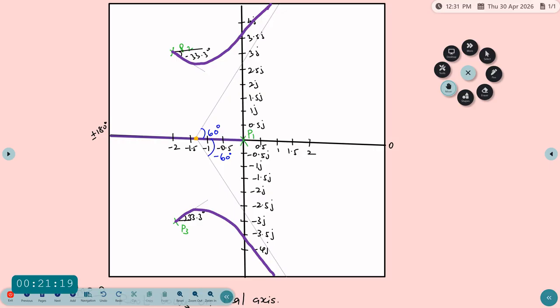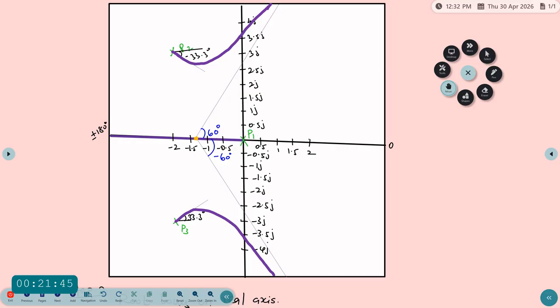If the roots of dk by ds are real and positive, then those roots will be considered as the breakaway and break-in points. Otherwise, there is no breakaway and break-in point. For this particular problem, the roots of dk by ds have negative numbers as well as an imaginary part. So there is no breakaway and break-in point.